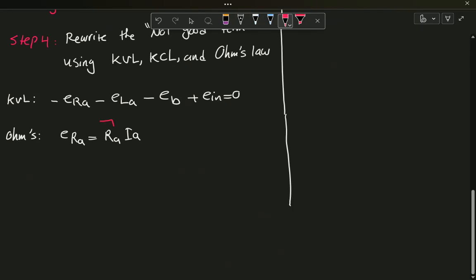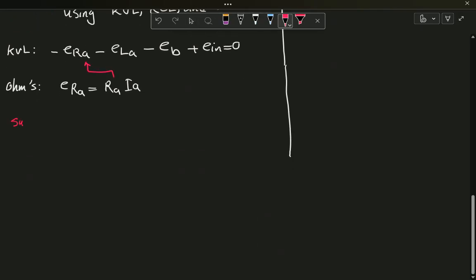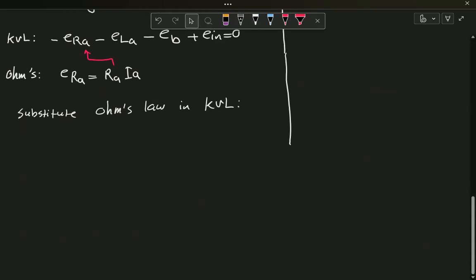Now, if you substitute Ohm's law in the KVL, you will have negative RA IA, negative ELA, negative EB plus En equal to 0.